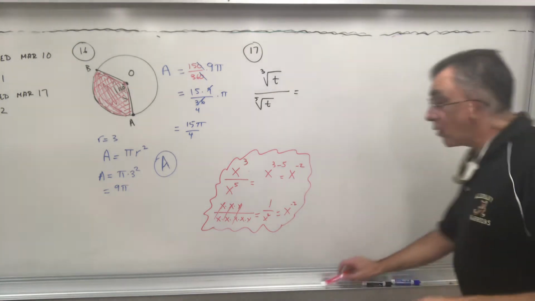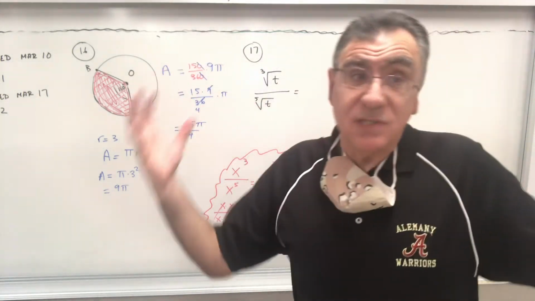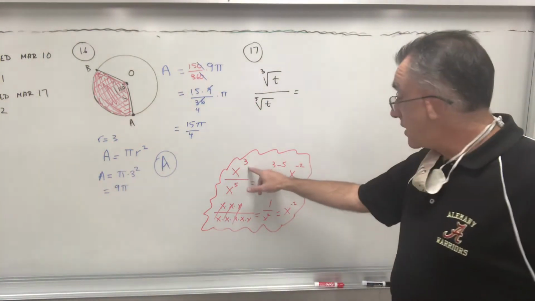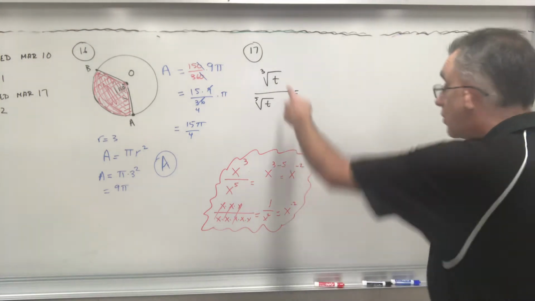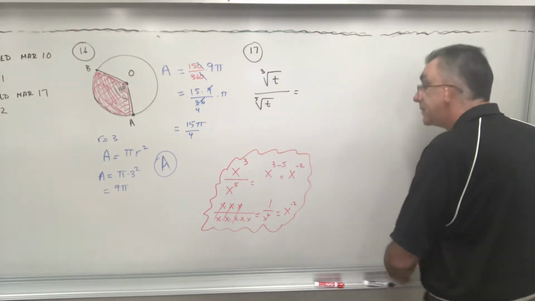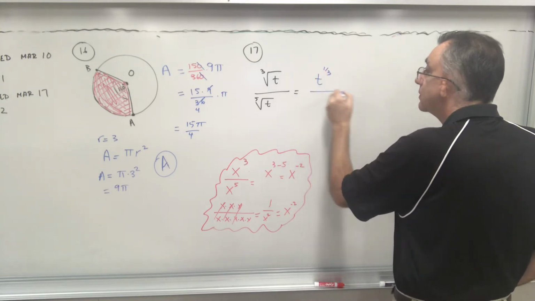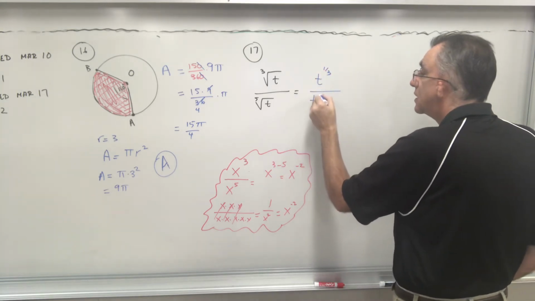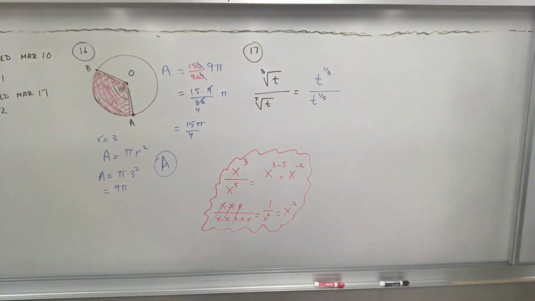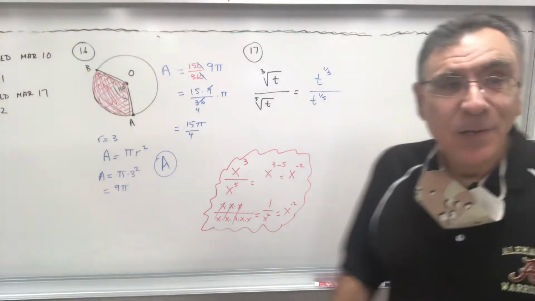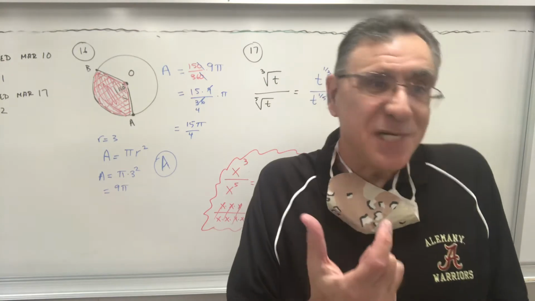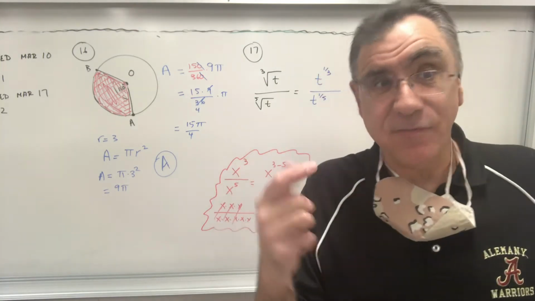But what am I getting at? The rule's the same, right? You're going to take 3 minus 5. So when I rewrite this as t to the 1/3 over t to the 1/5, here's the thing. 1/3 minus 1/5 is much more challenging to do than 3 minus 5.